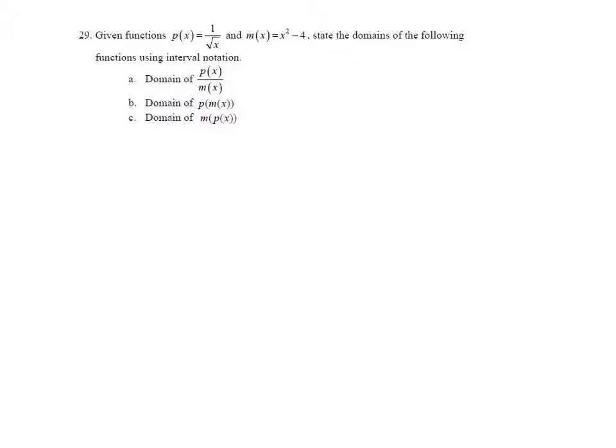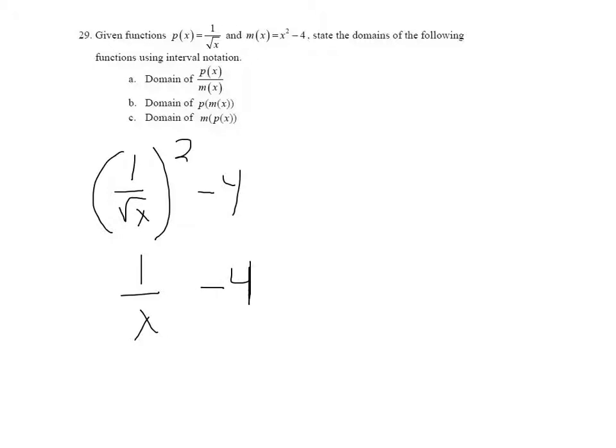Alright, for this last one, they asked me to find the domain of m of p of x. So I'm going to drop the p function into the m function. So 1 over the square root of x squared minus 4. Well, if you square the square root, you get 1 over x. Okay.